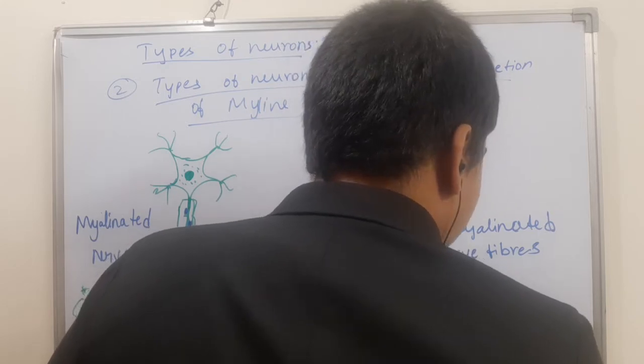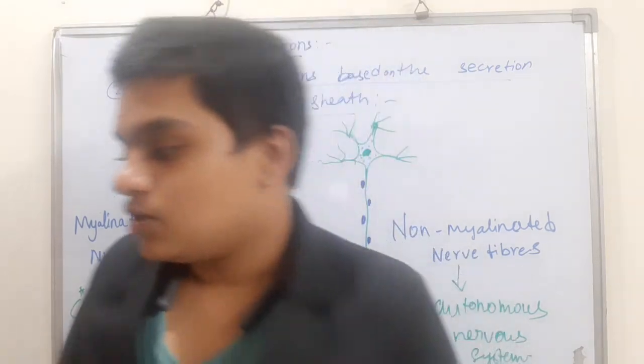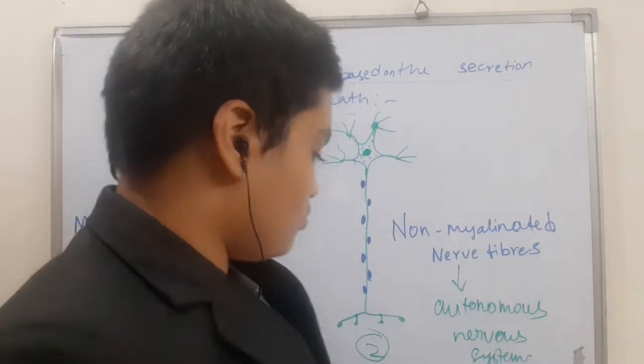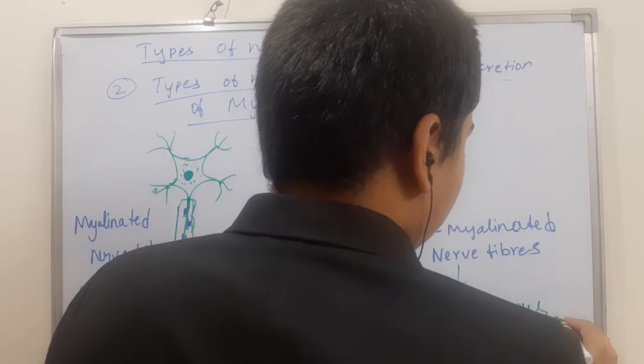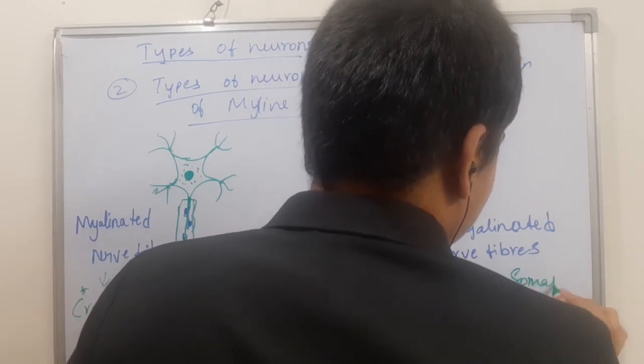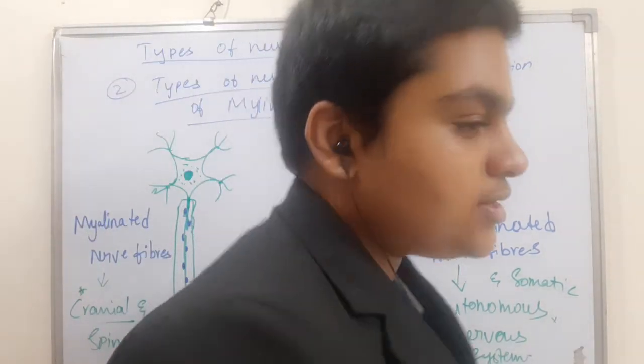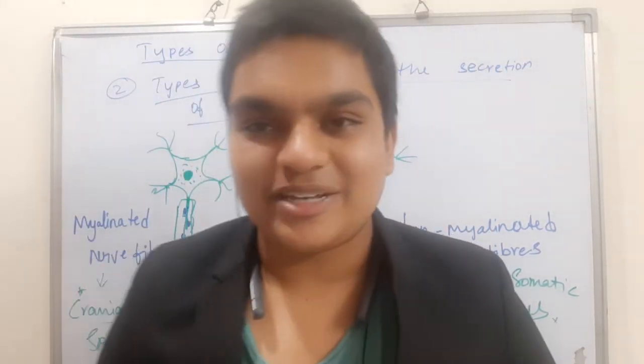These non-myelinated nerve fibers are present in the autonomic and also somatic nervous system. Sorry, here add the word somatic. Basically, somatic and autonomic are the types of PNS, so both are present in the PNS.